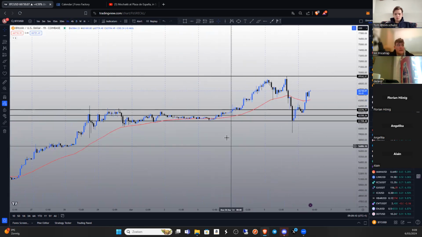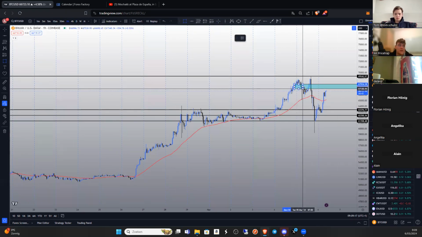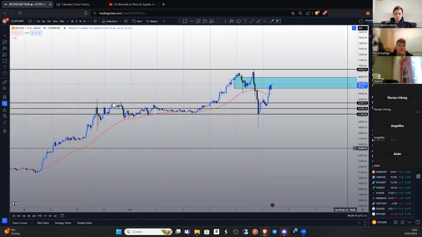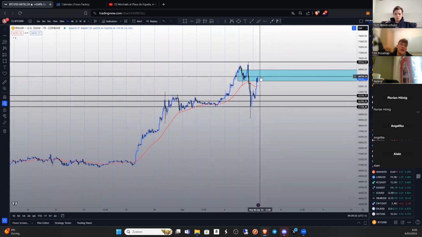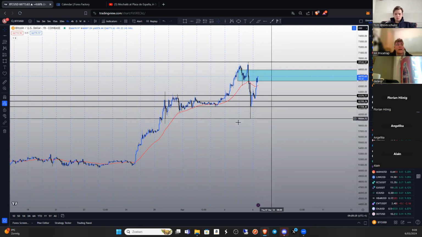If we're looking for downside movement, which I want to see, of course, because I want to get some new investment opportunities, especially on the altcoins, not specifically Bitcoin, we could react on this point over here and start moving down again.